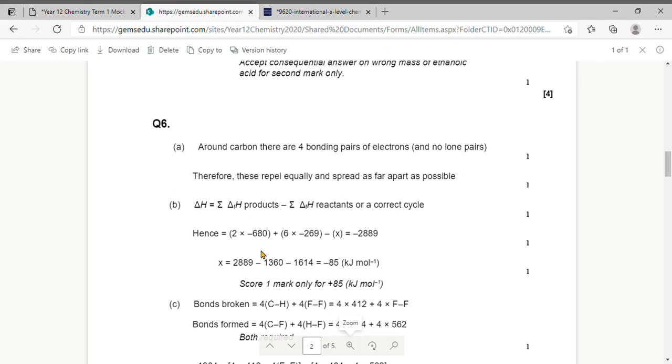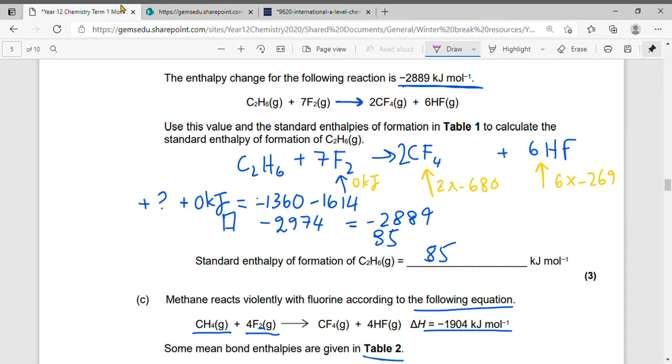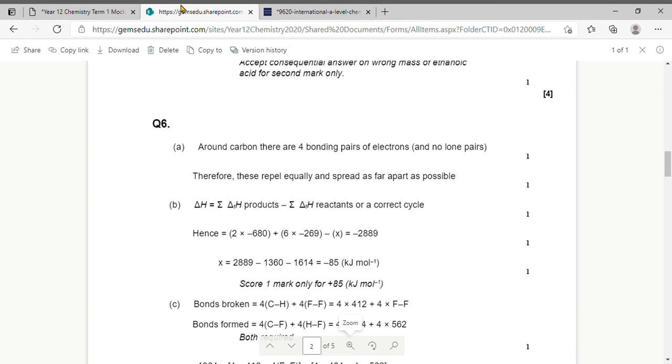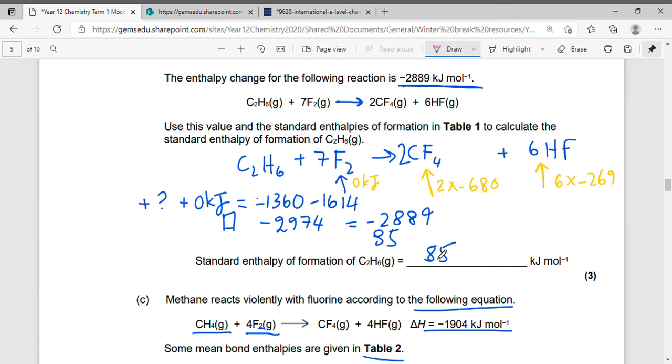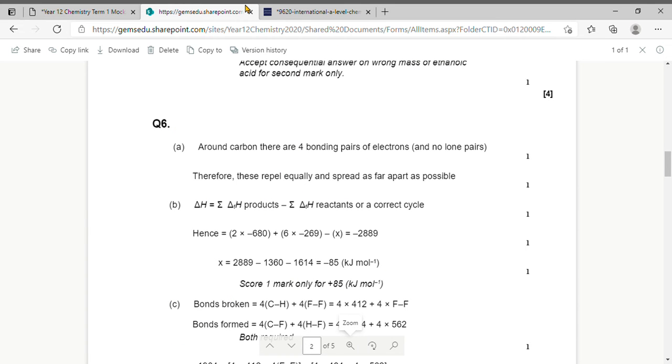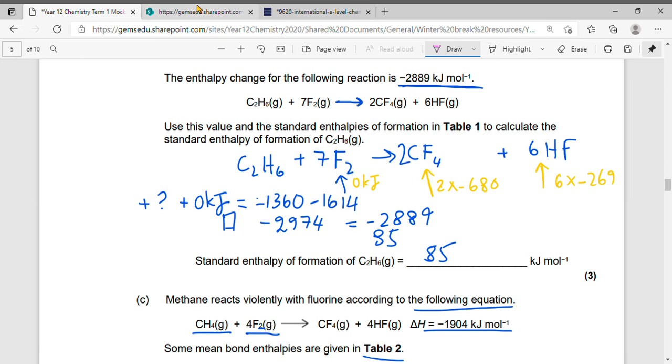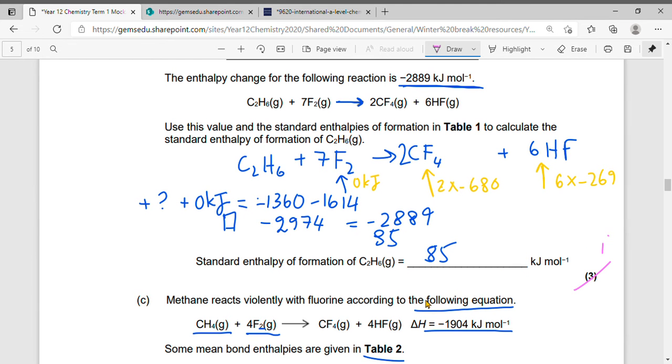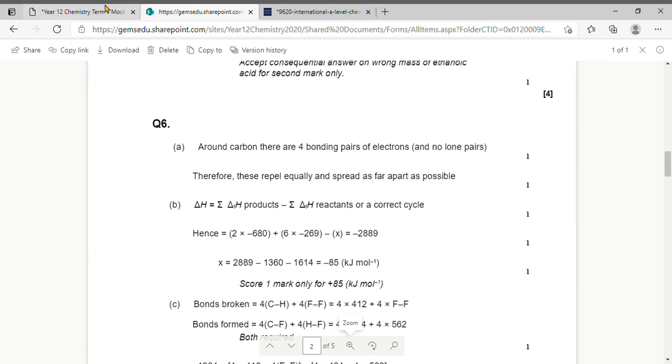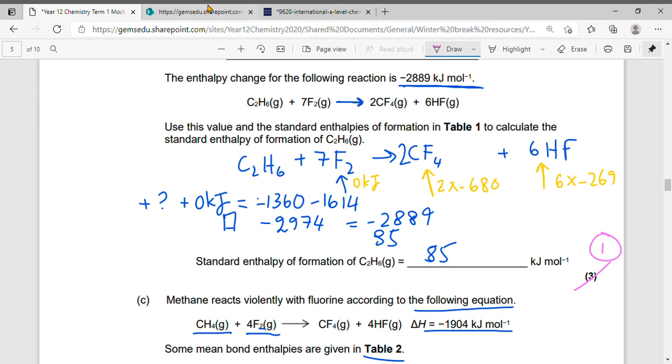So this I doubt. Of course it's negative 85. Why wouldn't it be? Not sure about this. Scores just 1 mark for this. X is 2889.